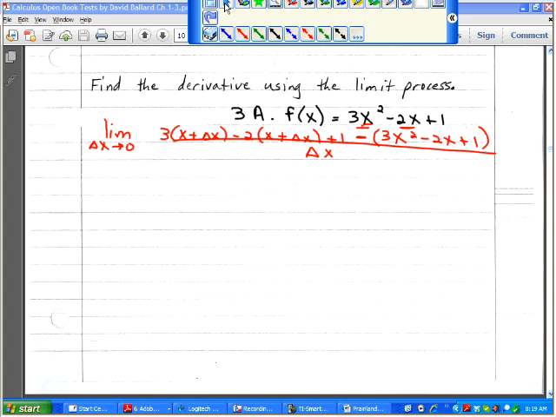So we found f of x plus delta x minus f of x. So we replace the x in the f function with x plus delta x, and then we replace the x in the f function with x.